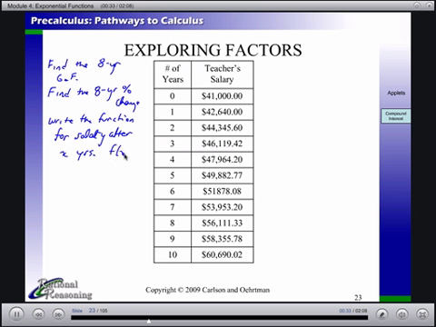Call it f of x, and then write the function g of n, where n is the number of 8-year periods.